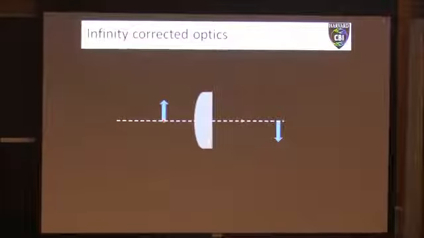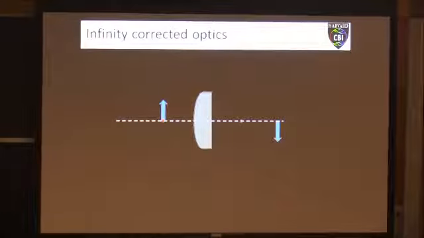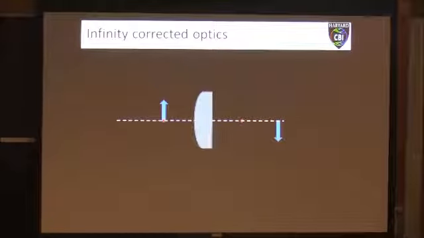A modern microscope works with what's called infinity corrected optics. Okay? So what this means is when you have your sample sitting on your microscope, any microscope in our facility is a fixed stage microscope, so the stage doesn't move. But you have your objective moving up and down, that's how you focus through your sample.